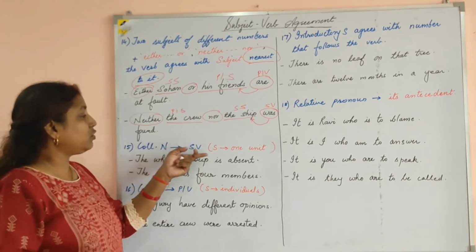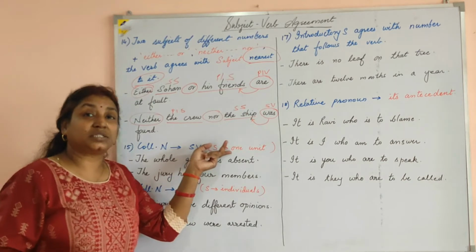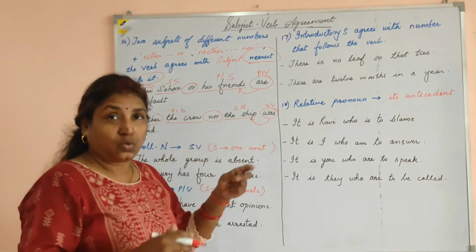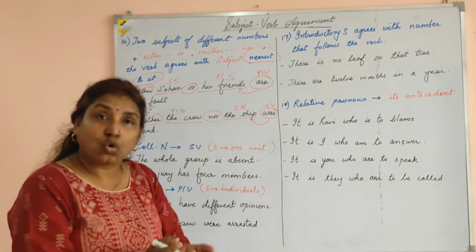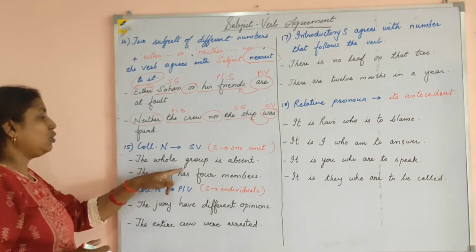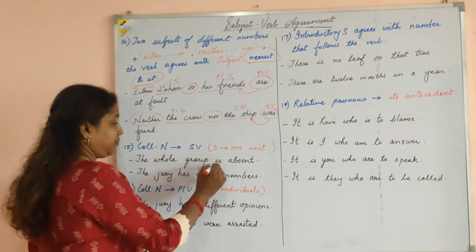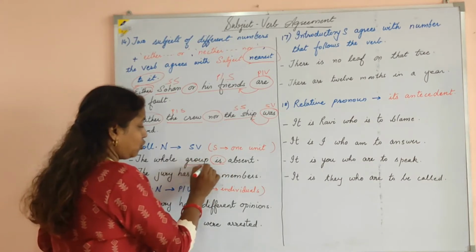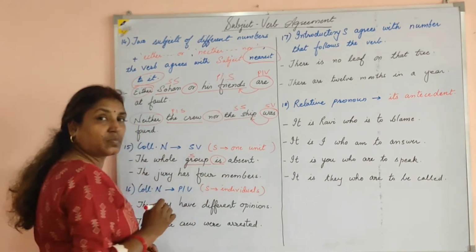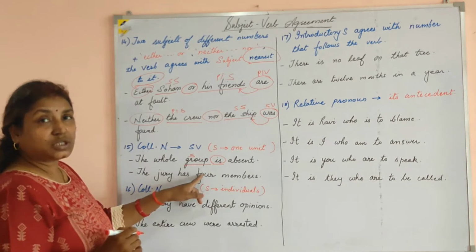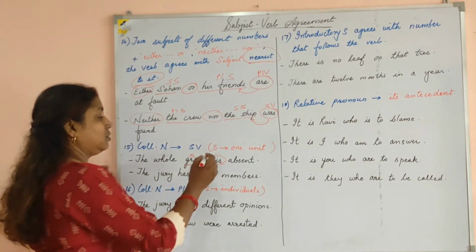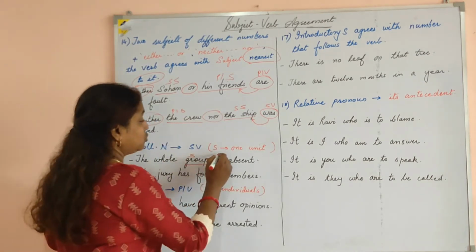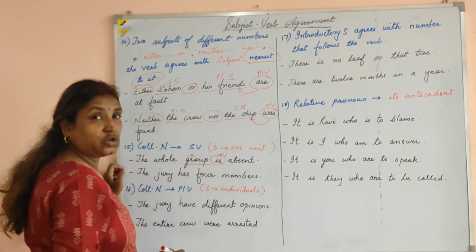A collective noun takes a singular verb when the subject is considered as one single unit, one group as a whole. The whole group is absent. Group is your subject, the collective noun as one unit. So your verb is singular.